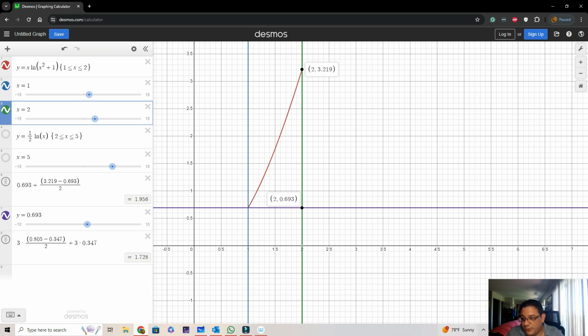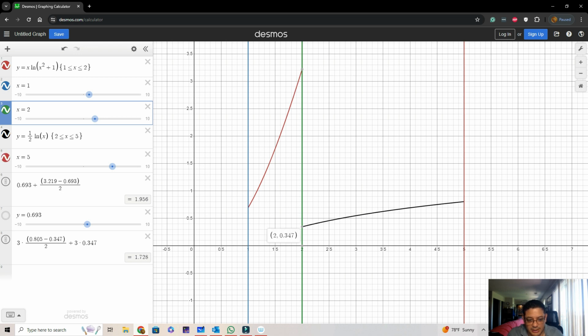Now, if we introduce the log between 2 and 5, you notice that we have this situation here. And again, we have another triangle that we can use to approximate this big part here, and we have a base that is a rectangle. So the rectangle can be approximated as 3, which is the base, by the height, which is 0.347.